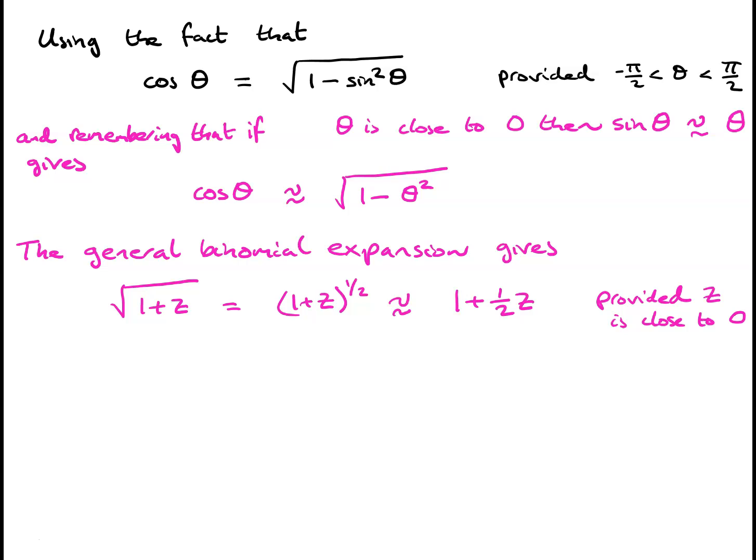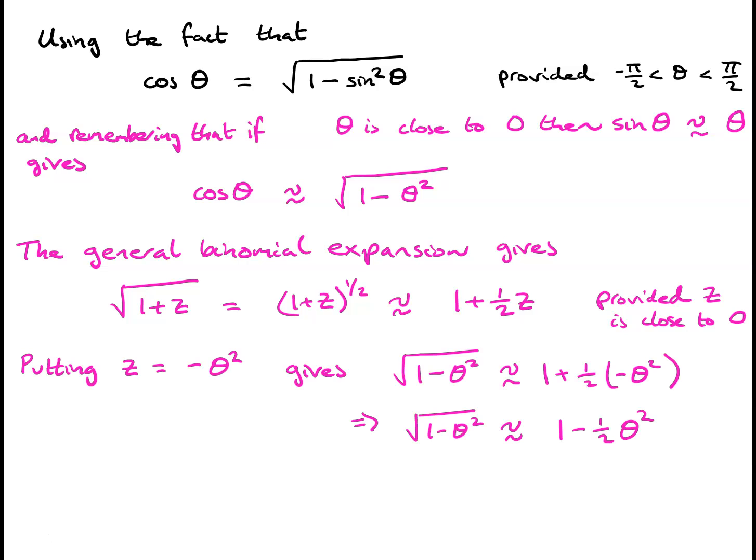The root of 1 plus z is the same thing as 1 plus z to the half. And if I use the binomial expansion for 1 plus z to the half, I've got 1 plus z to the half is approximately equal to 1 plus a half z, provided z is close to 0.